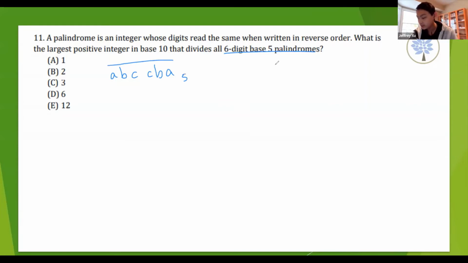Where A, B, and C are digits. My drawing pad is kind of buggy, sorry.